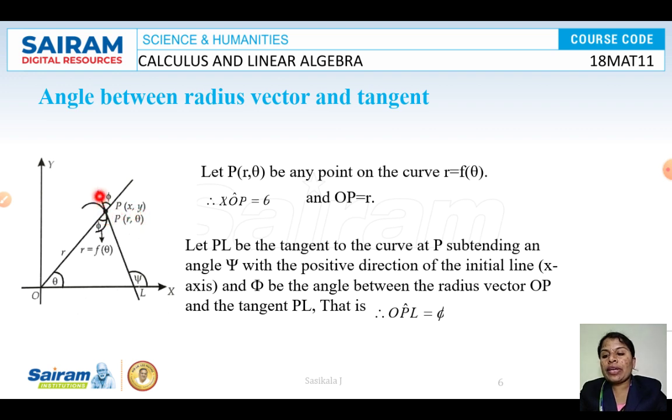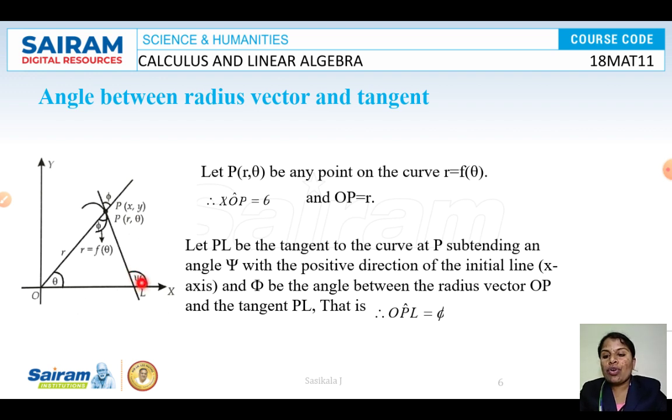And then you can draw the slope, right? The slope from the curve extends to the x-axis, where the intersecting point I can consider as L. And the angle made from the positive direction of the x-axis along LP, I'm going to consider as psi, right?